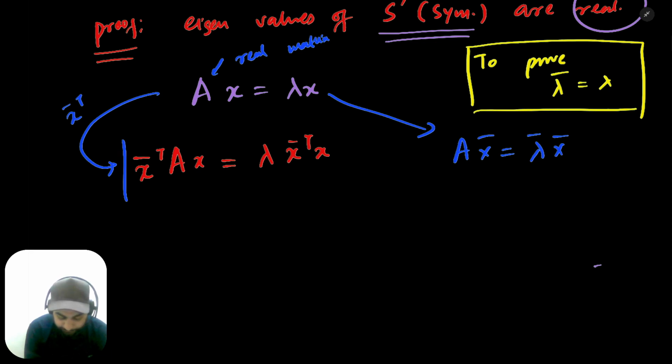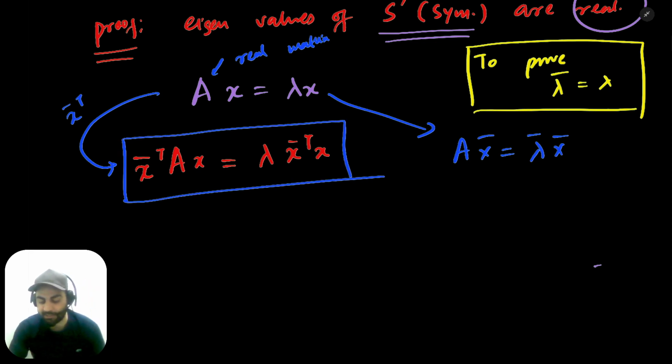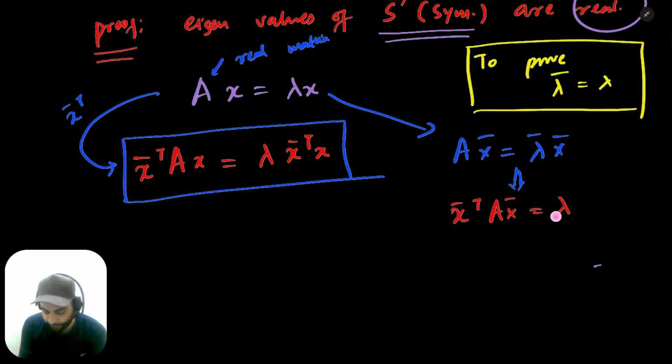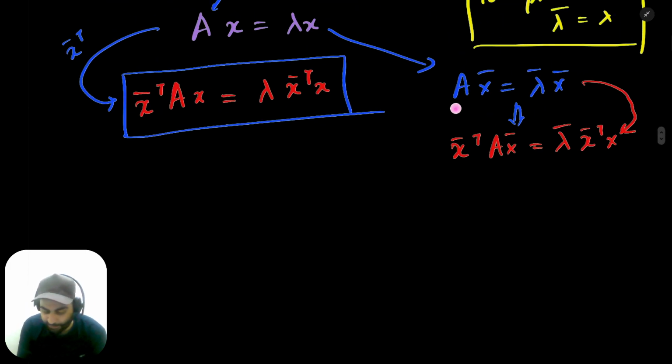For the second equation, I apply x conjugate transpose on both sides, which gives x conjugate transpose A x bar is equal to lambda conjugate x conjugate transpose x bar.